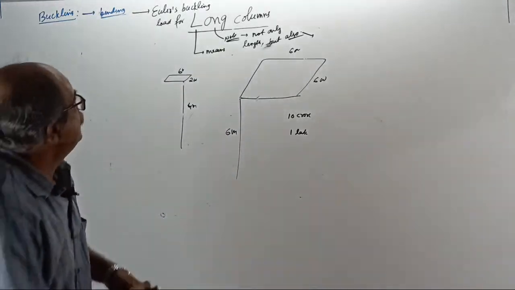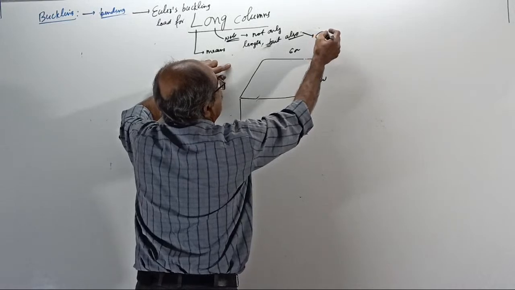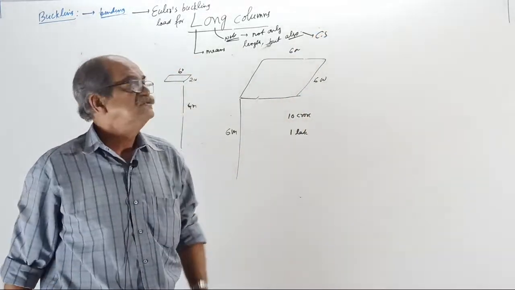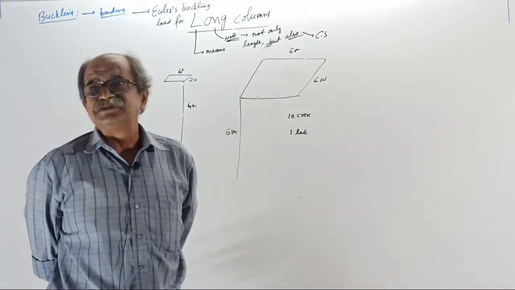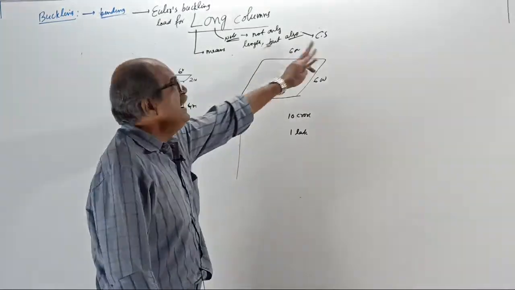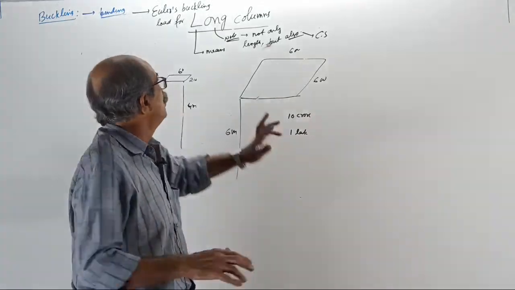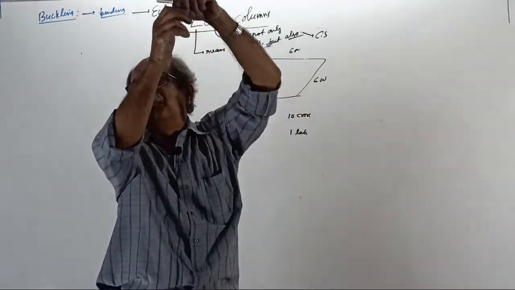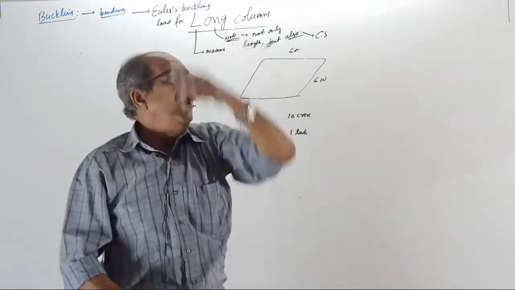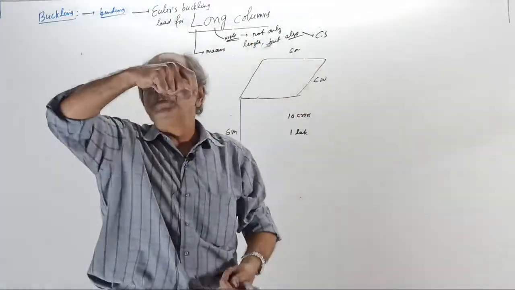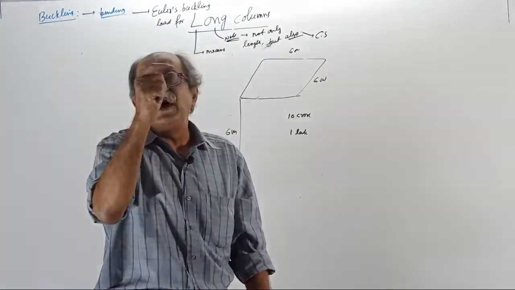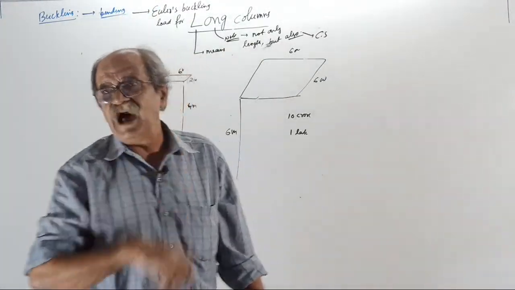Then material and end conditions also count, but those are secondary, not right now. To be long, it should be sufficiently long, or it should be thin. If the member is long or very thin, then there is a chance of buckling.